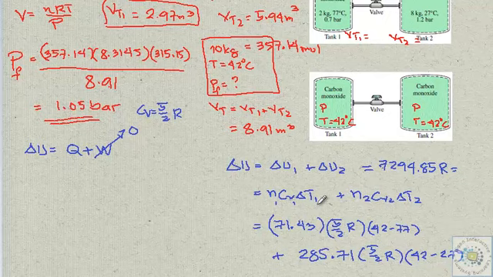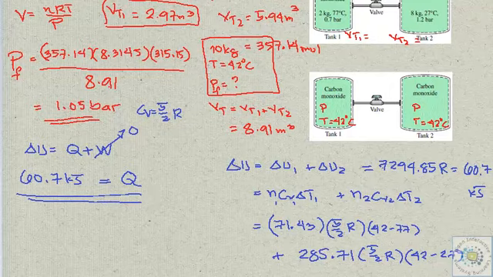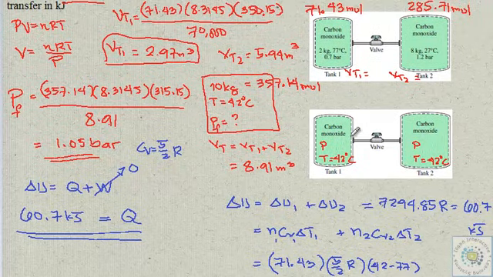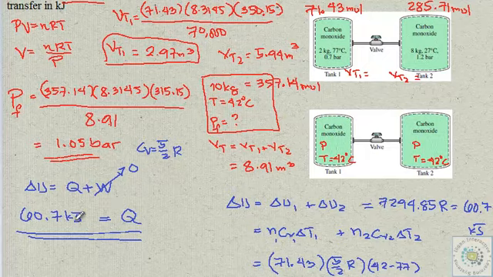So I divide it by 1,000 to make it kilojoule, since I think I'm being asked for kilojoule. This will then be equal to 60.7 kilojoule. So delta U is equal to 60.7 kilojoule, and that is supposed to be equal to Q, meaning the heat that flows from the surrounding to your system is equal to this 60.7 kilojoules.